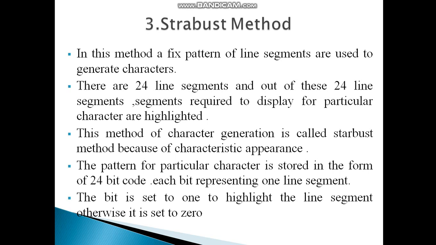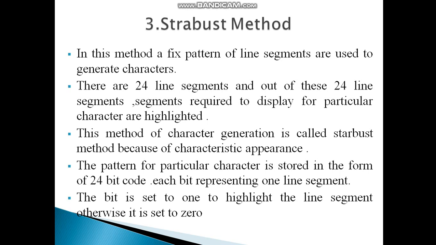In this method, a fixed pattern of line segments is used to generate characters. There are 24 line segments, and out of these 24, the line segments required to display a particular character are highlighted.